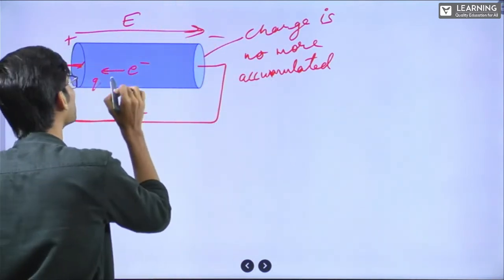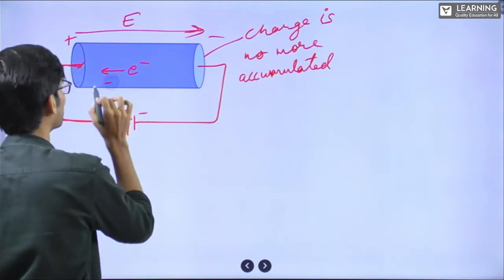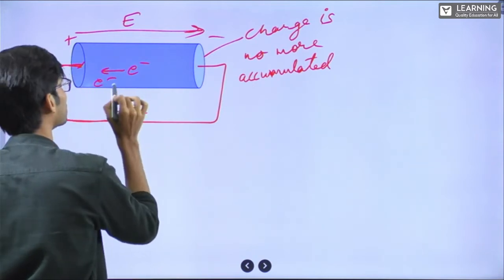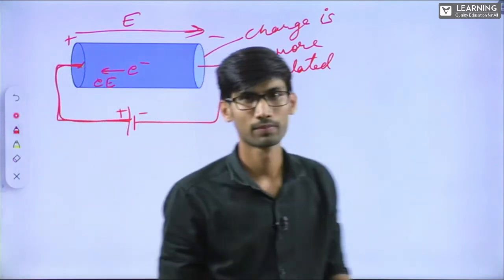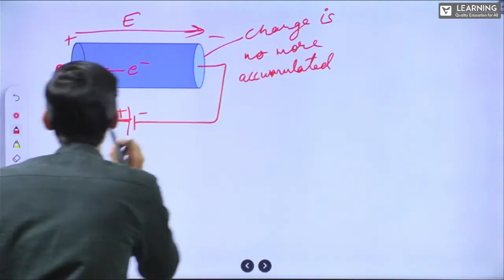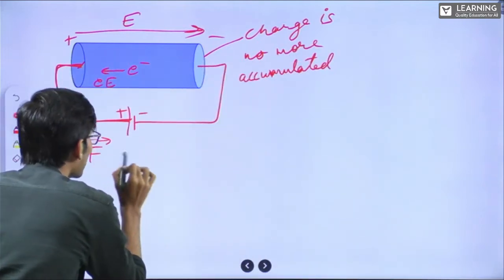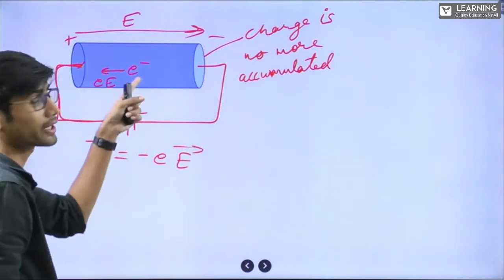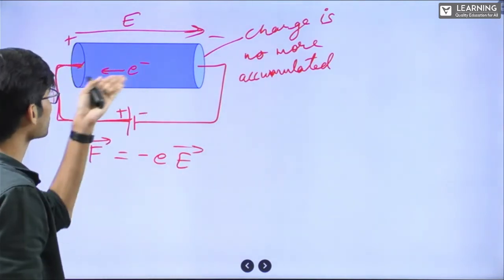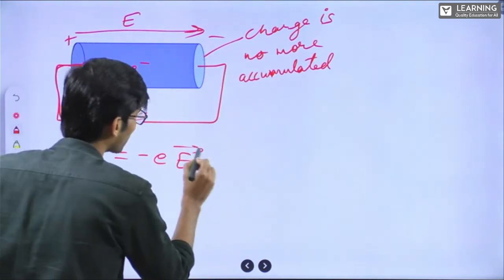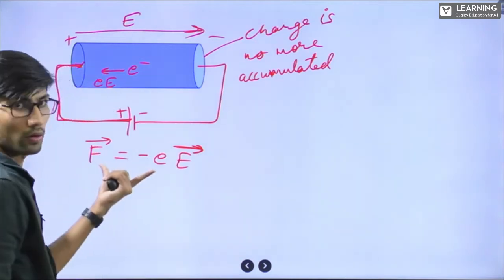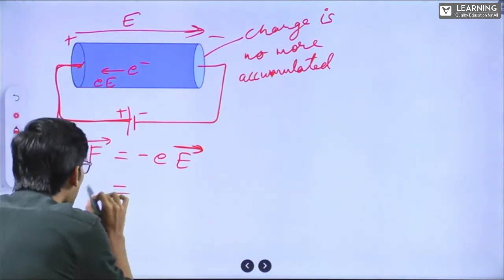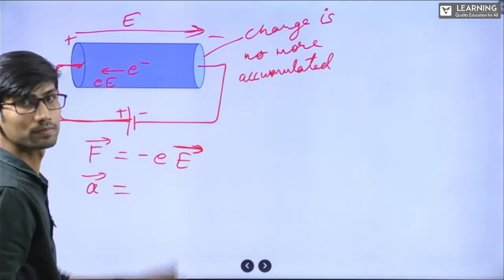Force is Q into E, so in vector form it is minus e into E vector. Minus because of the negative charge, because of the direction: force is in this direction, electric field is in this direction. That means acceleration will be there with the charge.